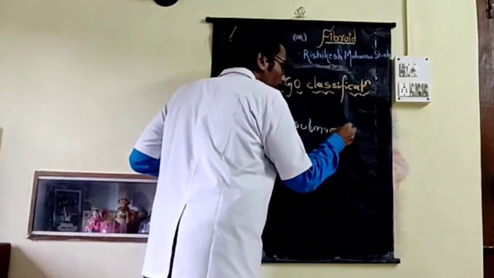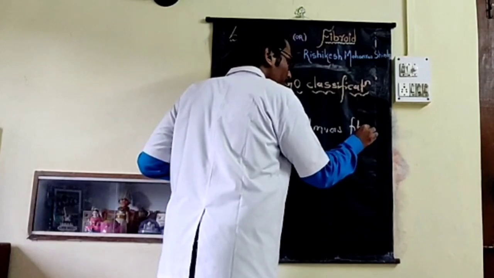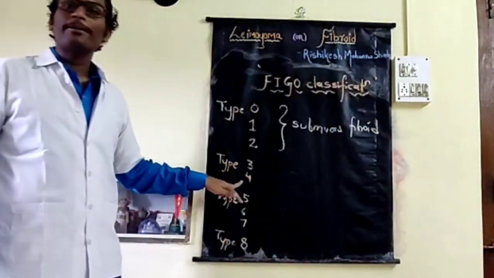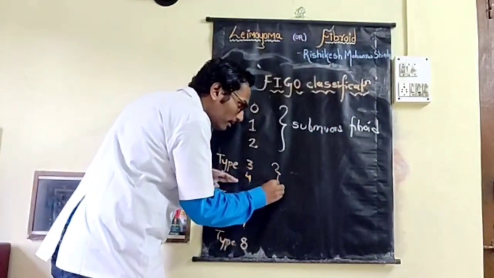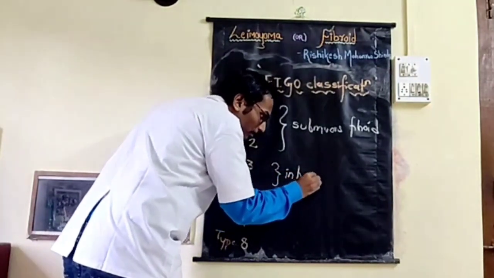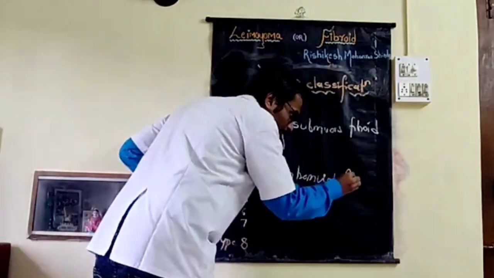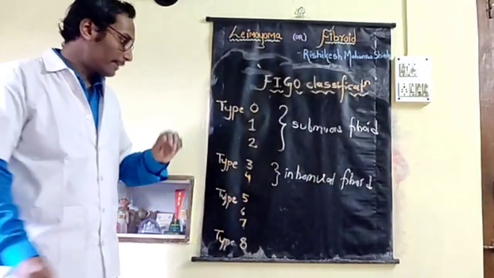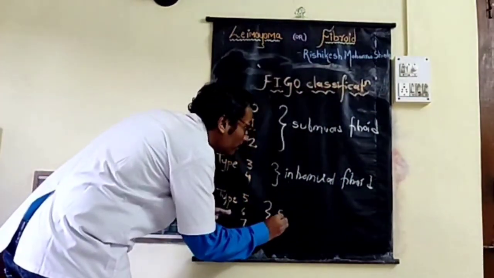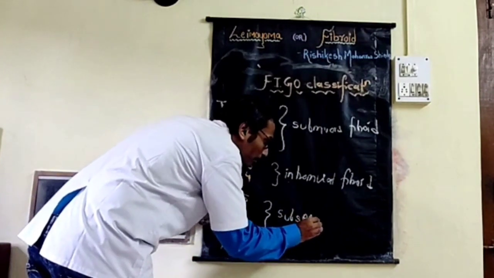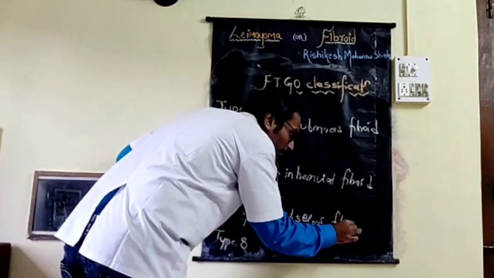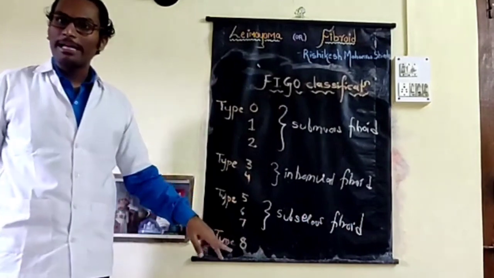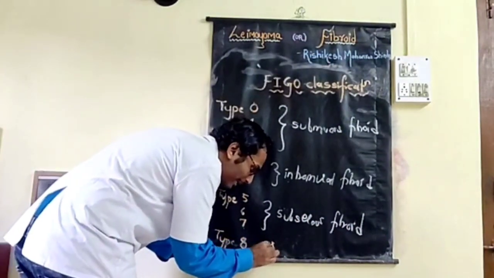Types 3 and 4 are included in intramural fibroid. Types 5, 6 and 7 are included in subserous fibroid. And last, type 8 is an extrauterine or broad ligament fibroid.